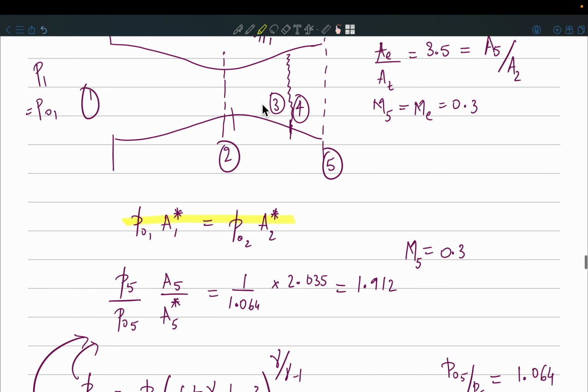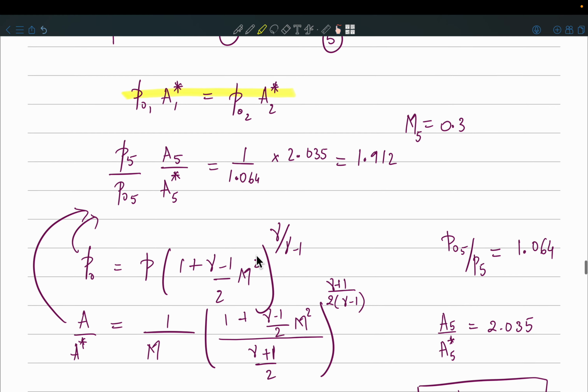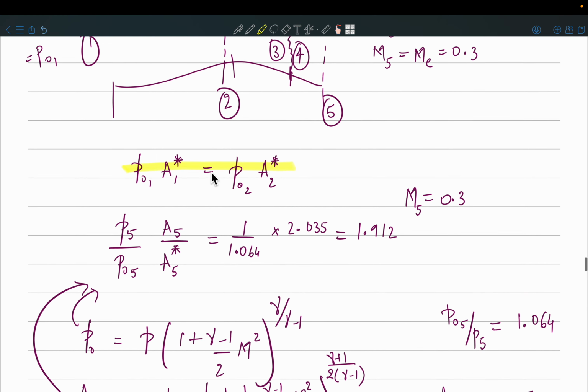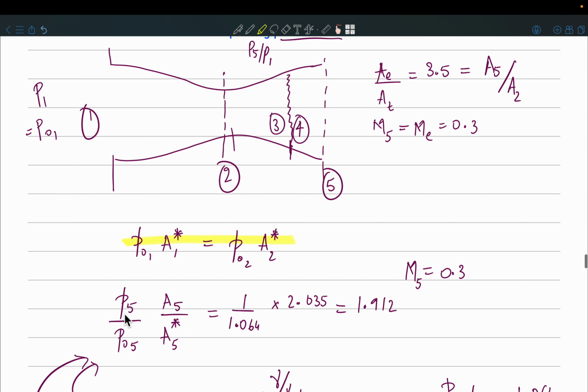From 1 to 3 again it's isentropic flow. P naught is not going to change, A star is not going to change. So what is going to change? Only the static conditions. Instead of using the static conditions, we'll use these P naught and A star ratios. First we defined the only condition that we need, P5 by P05 and A5 by A5 star.